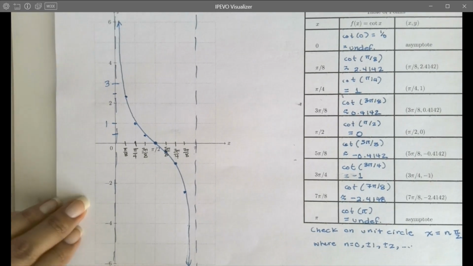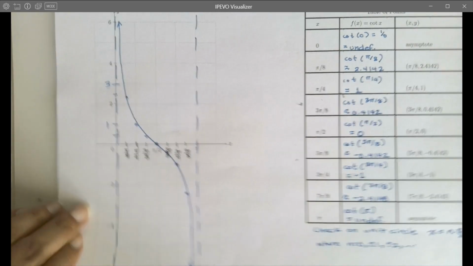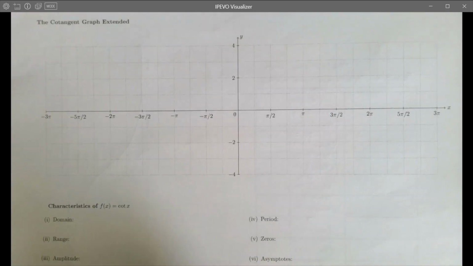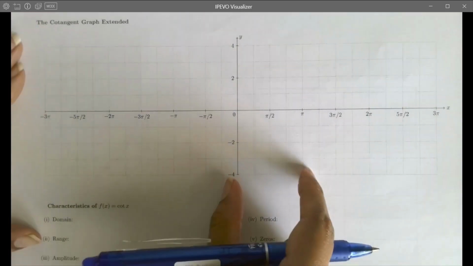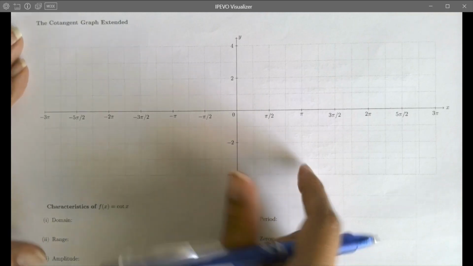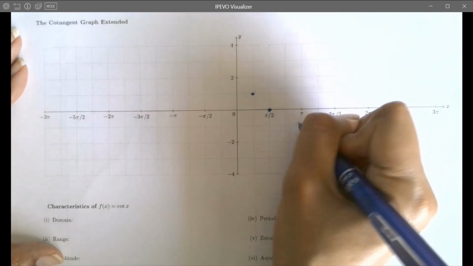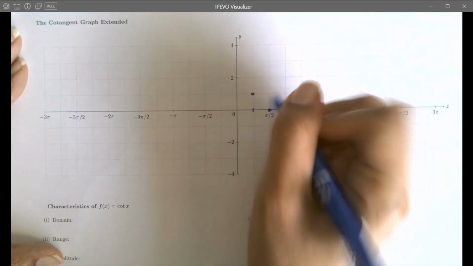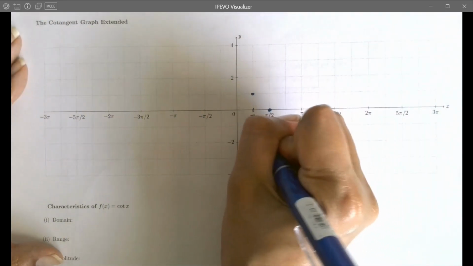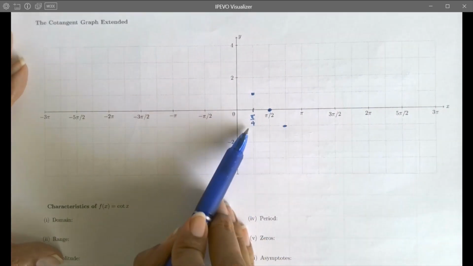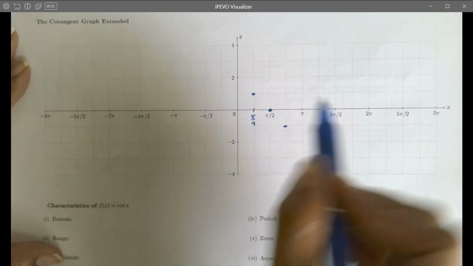Now, what if we extend the cotangent graph? If we extend the cotangent graph, we're going to have that same initial curve from 0 to pi. So let's just draw that. And I know that this is at 1 because halfway between 0 and pi over 2 is pi over 4, and we have the point pi over 4 comma 1.